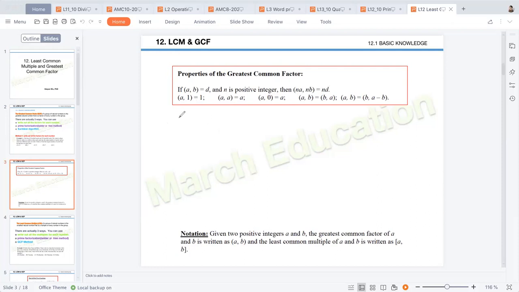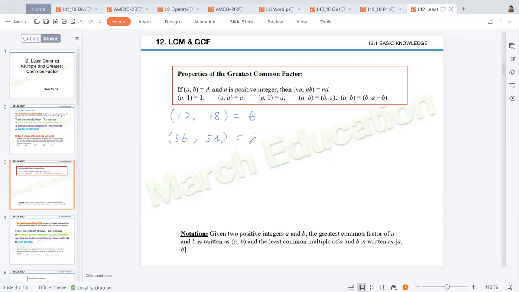For example, if I have 12 and 18, just now I know the greatest common factor of them is 6. Now, I have 36 and 54. So the greatest common factor of these 2 numbers should equal to what?